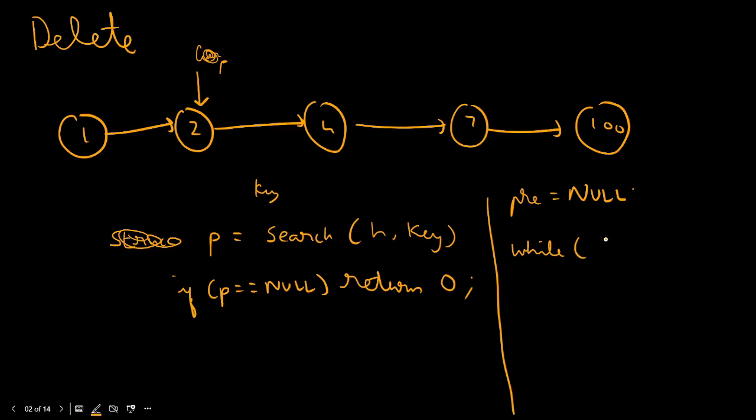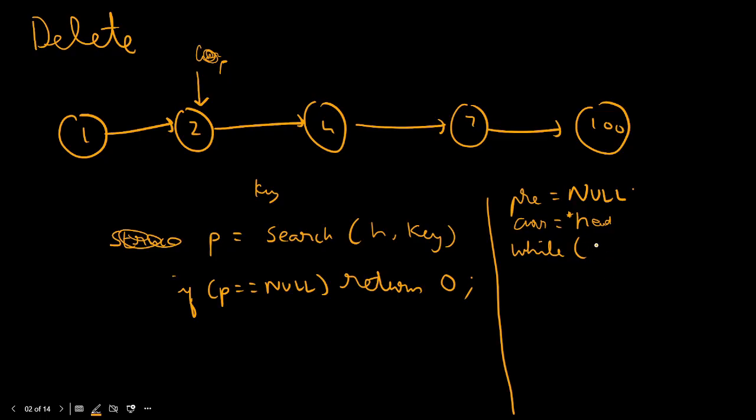How to do this smartly? Let's do it a bit smartly. Let us just do it normally then. Let's maintain a pre and cur around. Cur is equal to head, star h. Cur is equal to head for now. I will check it in the implementation.